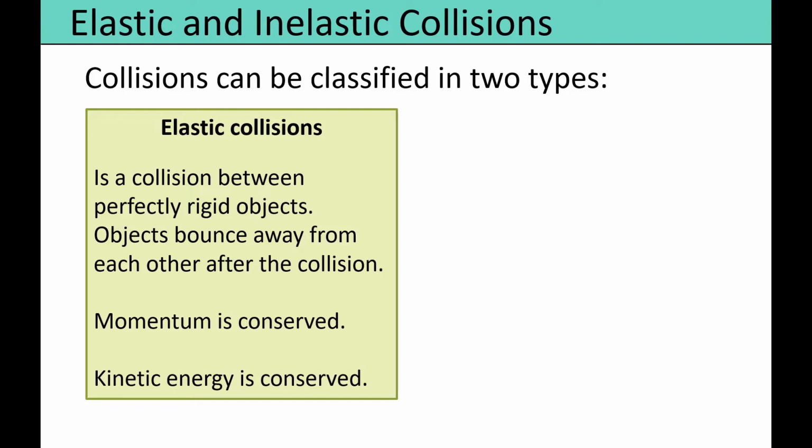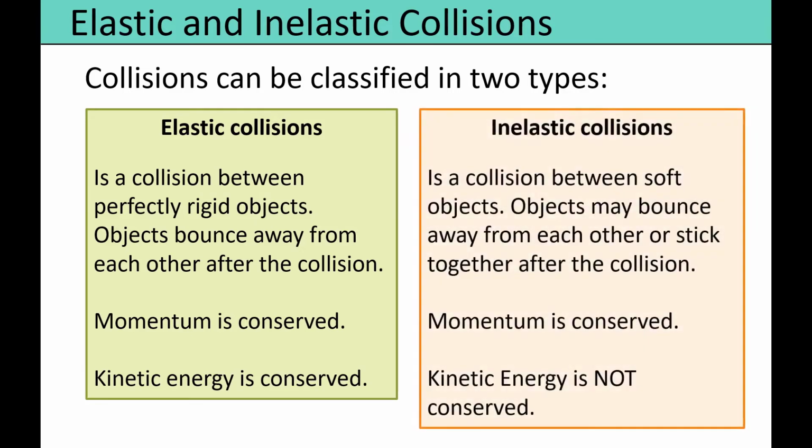The second type are inelastic collisions between soft objects. When soft objects collide, sometimes they might stick together and sometimes they might bounce away from each other. In these types of collisions, momentum is conserved.